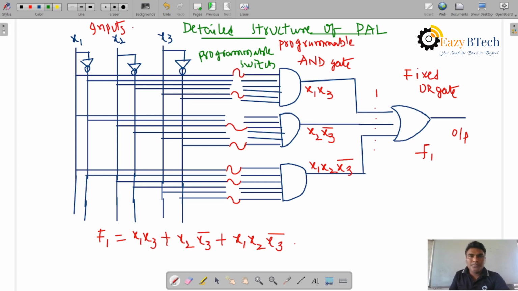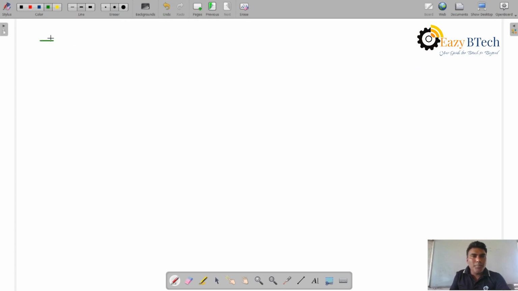Now, in the PAL structure, 16 inputs are possible. In PAL structure, 16 inputs can be taken.